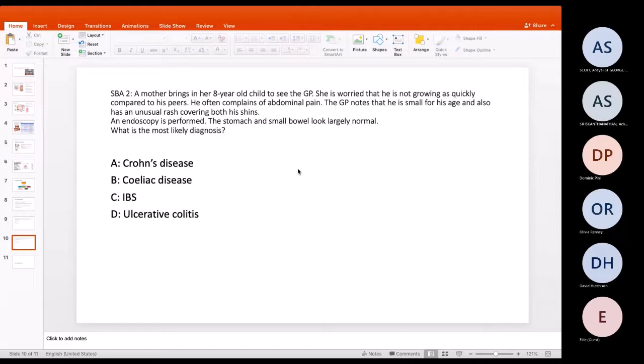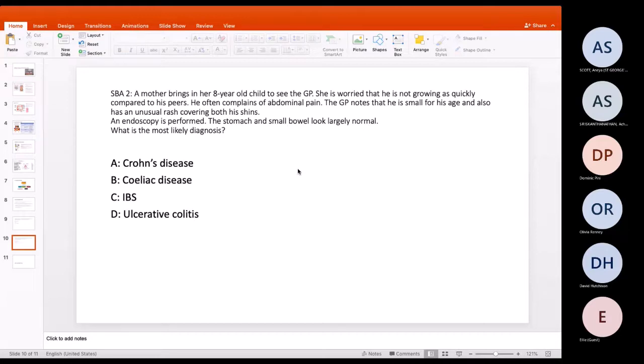Some of the features can overlap a little bit. So the rash, for example, I was going for dermatitis herpetiformis, which would go more with celiac, but actually, we'd want to know what sort of rash it is. Could it be a pyoderma sort of rash, which would point more towards Crohn's?